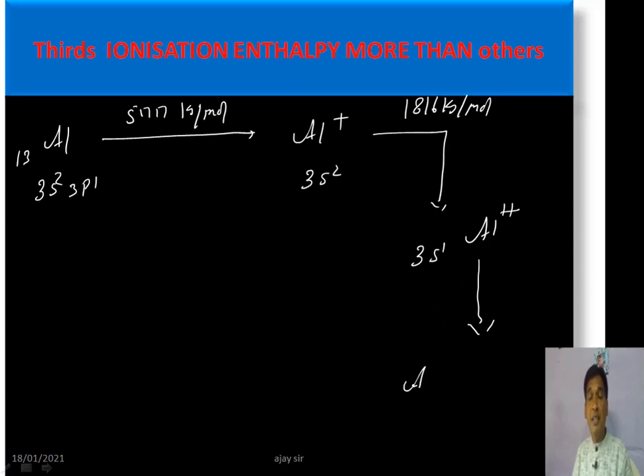The required energy, called the third ionization enthalpy, is a large value compared to the first and second. This value is 2744 kilojoule per mole. It means the third ionization enthalpy is more than the other two.